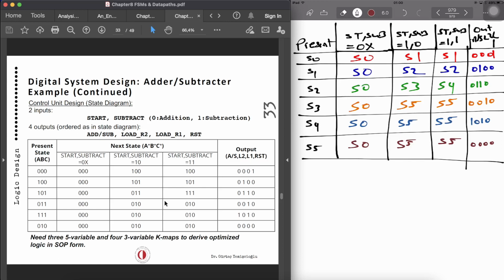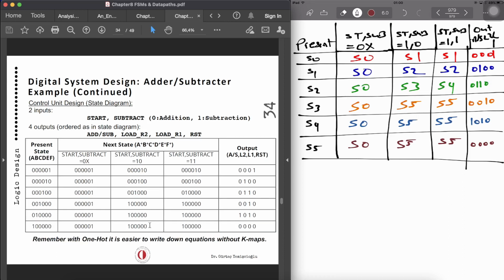The alternative is, again, using one hot state assignment. With the other assignments, maybe here we just use 3 flip-flops, but optimizing it to get the circuitry will be really difficult. But if we use one hot state assignment, we will have 6 flip-flops. One flip-flop will be activated at a time, like the decoders.